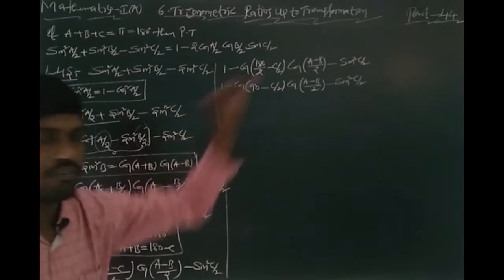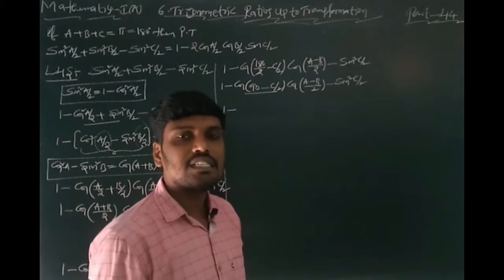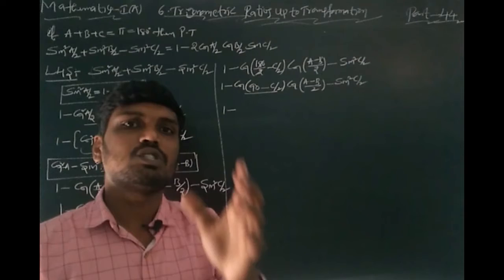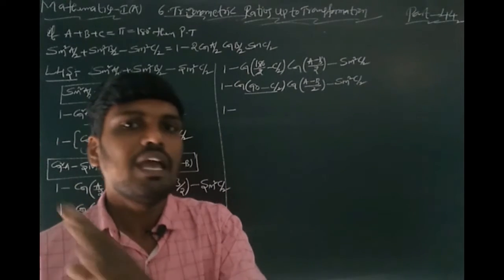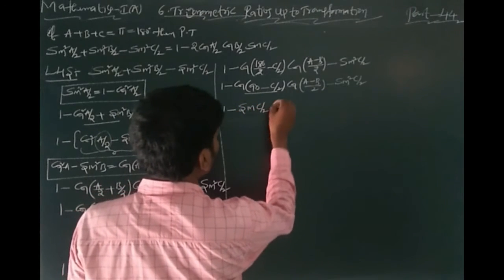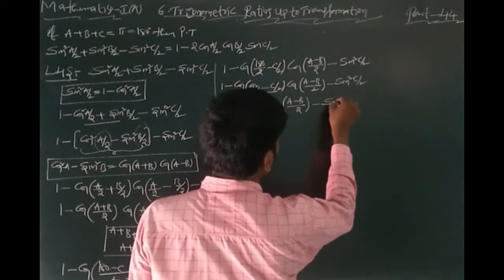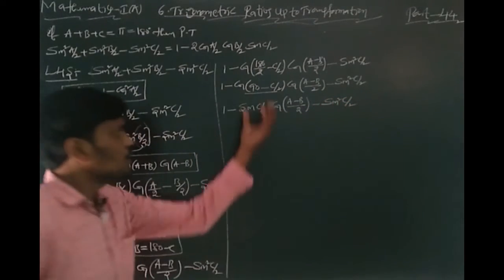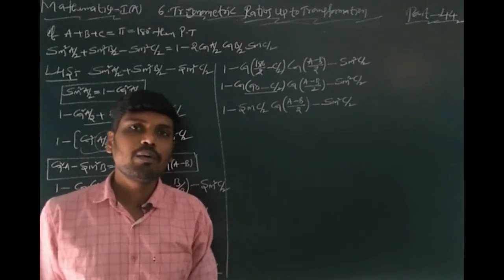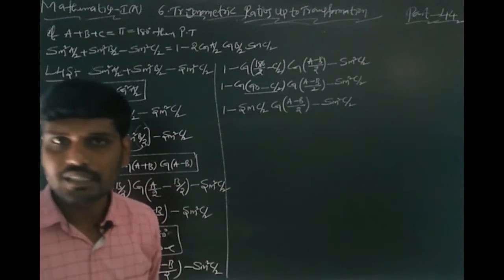Now for 90 minus theta, in the first quadrant cos is positive, and 90 is an odd multiple, so cos is written as sin. So we get sin C by 2 into cos of A minus B by 2, minus sin square of C by 2.